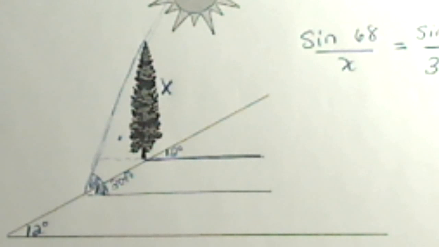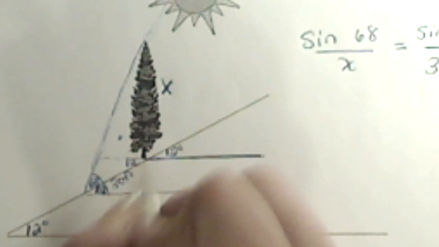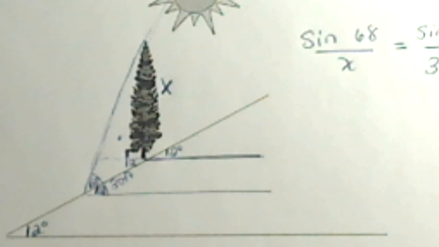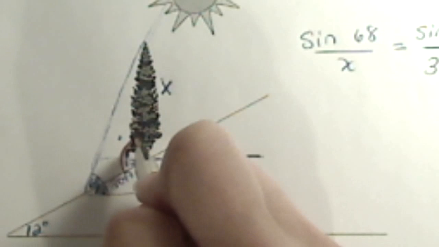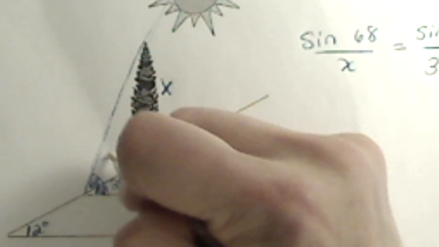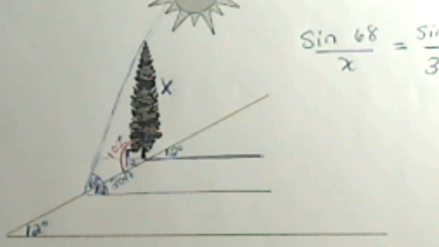And if that angle is 12, its vertical angle is also 12, and this angle here from the tree to the horizontal is 90, which means this entire angle right here is 90 plus 12, or 102 degrees.